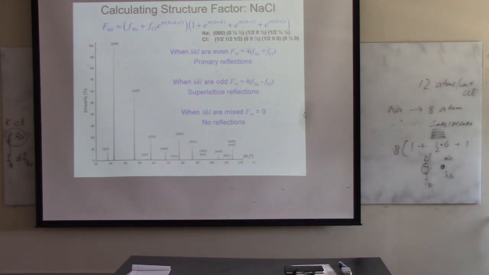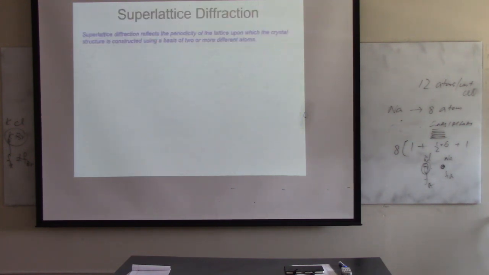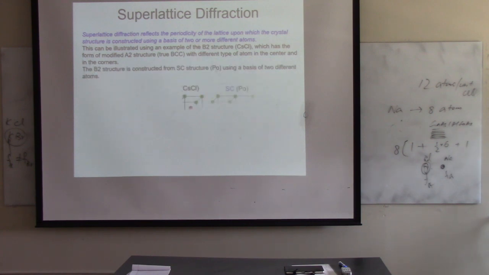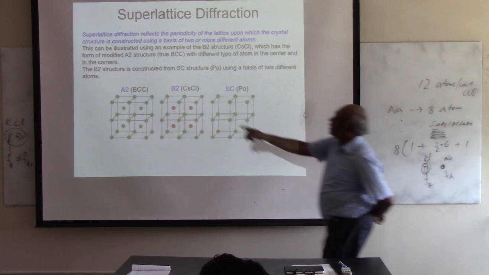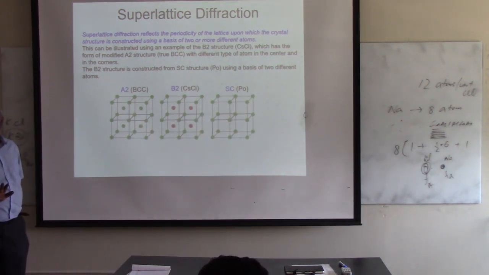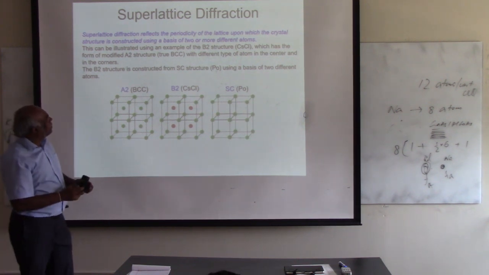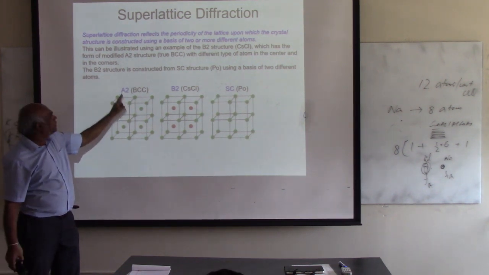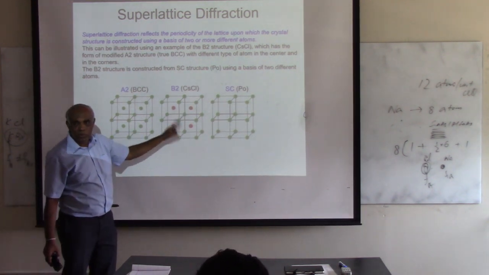For example, here, yeah, this is what I'm going to talk about. Just look at this one. What is this? It's a real BCC, all the same atom, right? So typically if that is the structure, they are labeled as A. It's the same structure, but you have two different atoms, right?